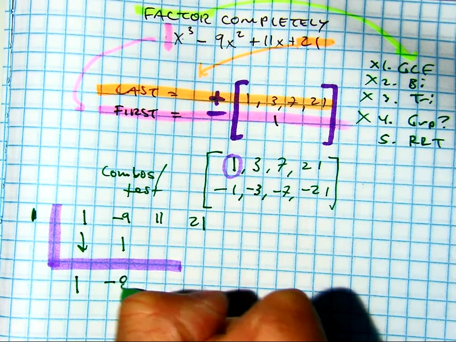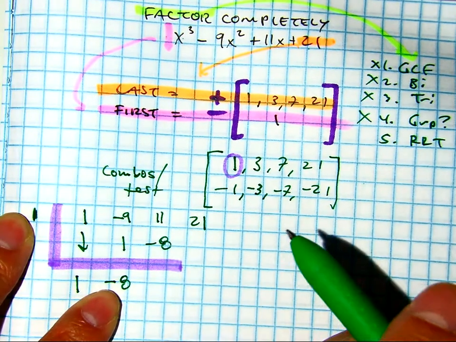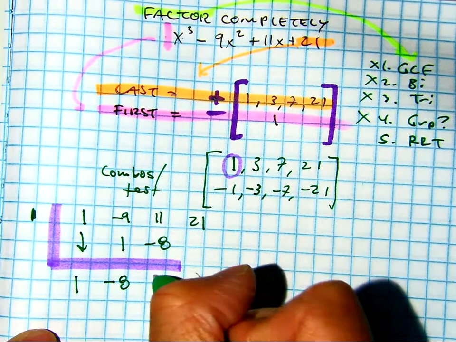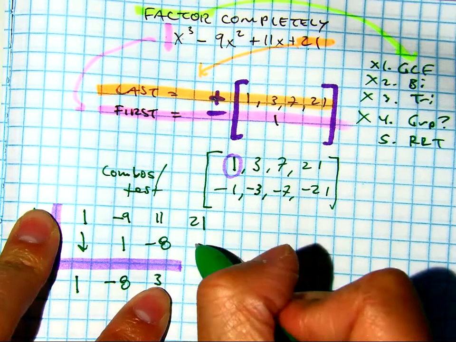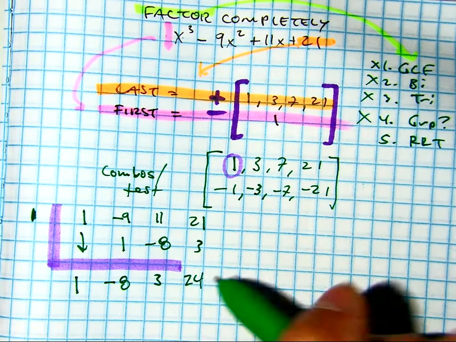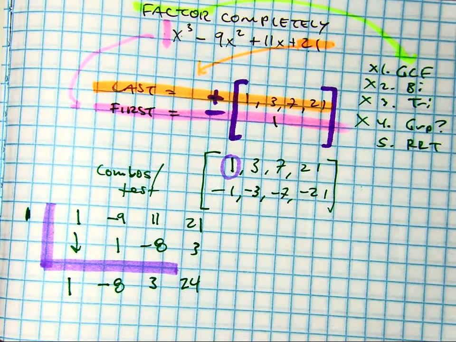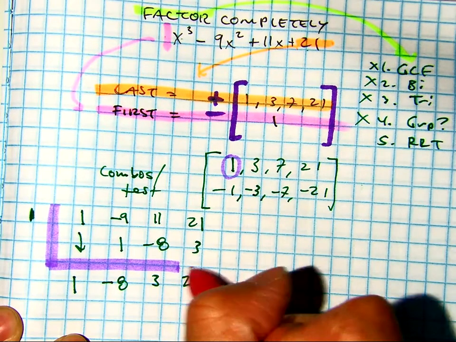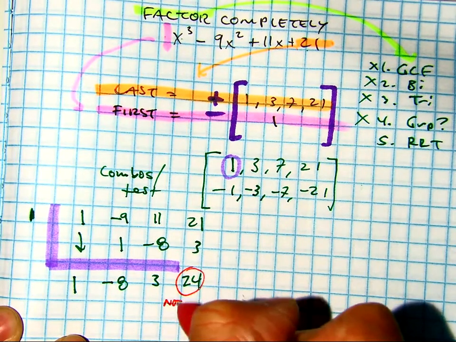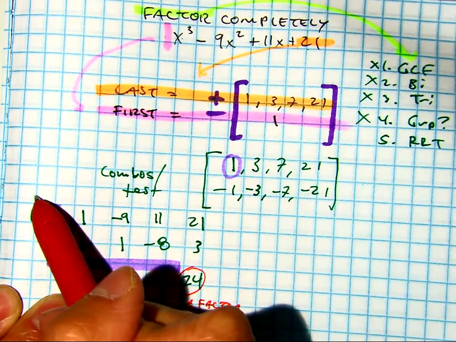Add. Multiply. Add. Class, is this a factor? Not a factor. That means when x is equal to 1, it does not produce a factor, so I'm going to put a little red X above that.